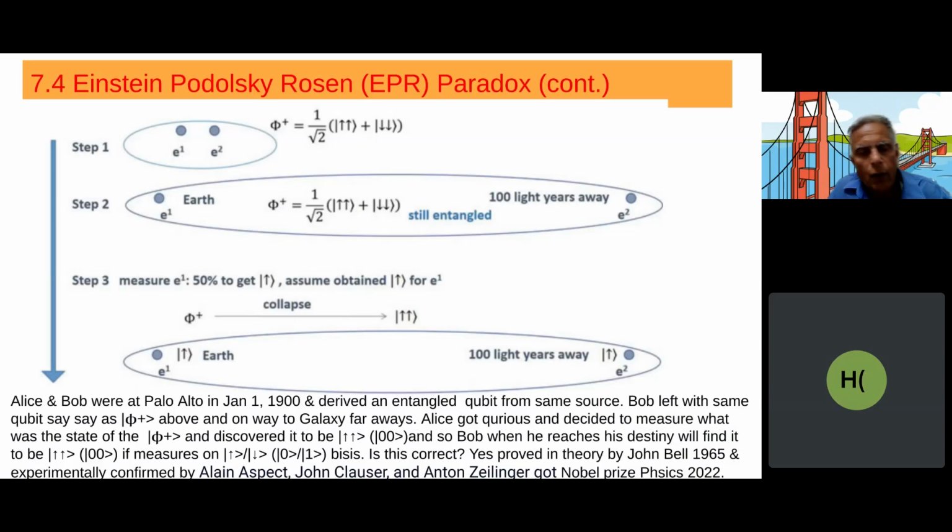Now, these Bell states which we generate have a relevance in communication. Generally, we want to clone, which is not allowed as per quantum mechanics and quantum theory.